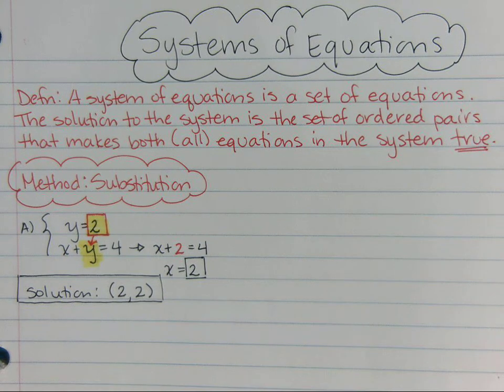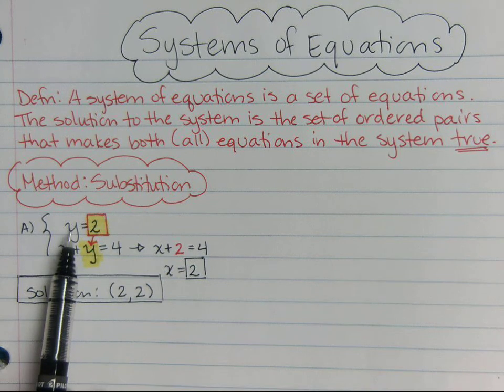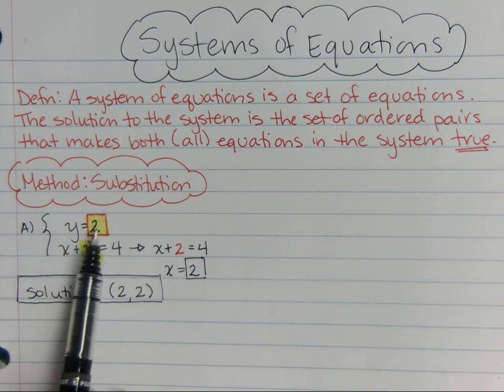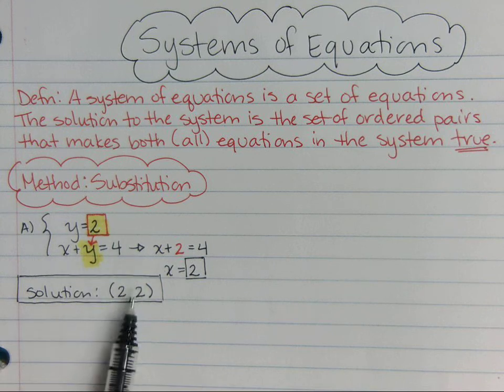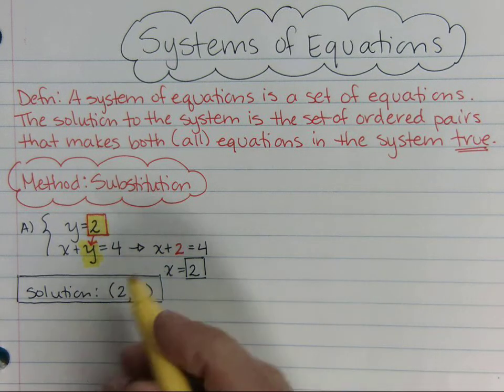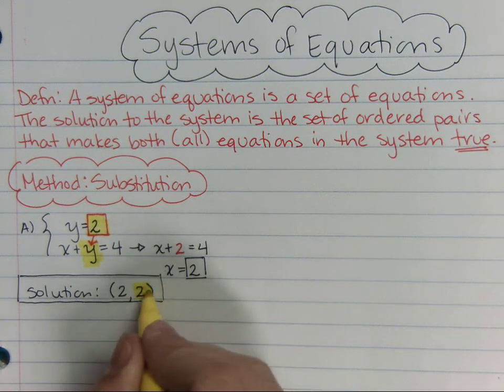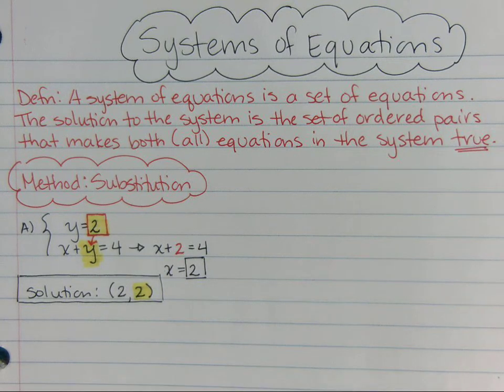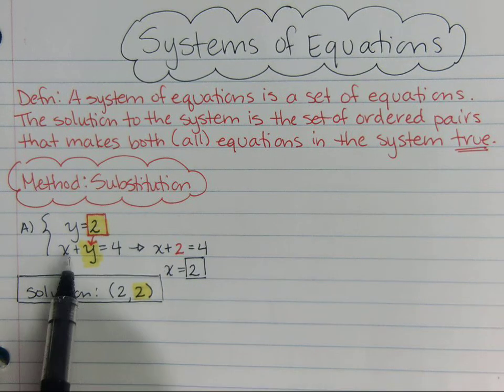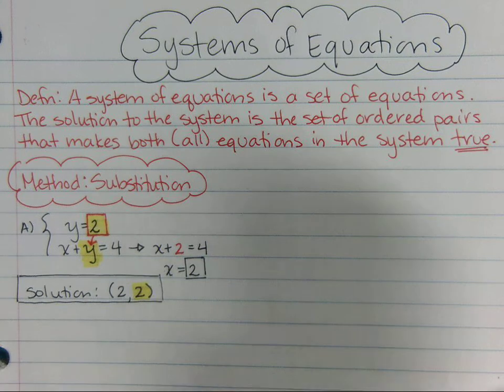So if you come across a system where one of the variables is already basically giving you the answer, just a straight number, a constant, you already have part of your answer. But you're going to use that information in the other equation to solve.